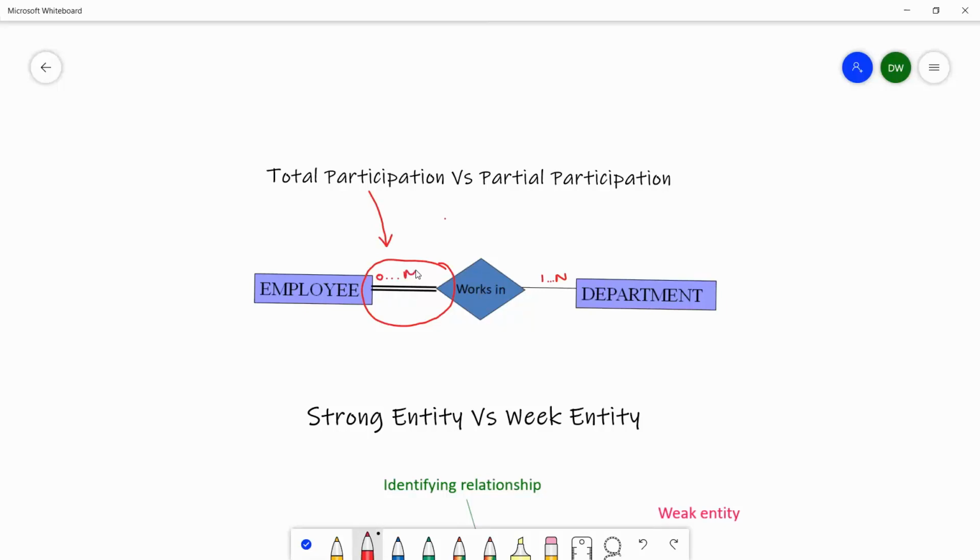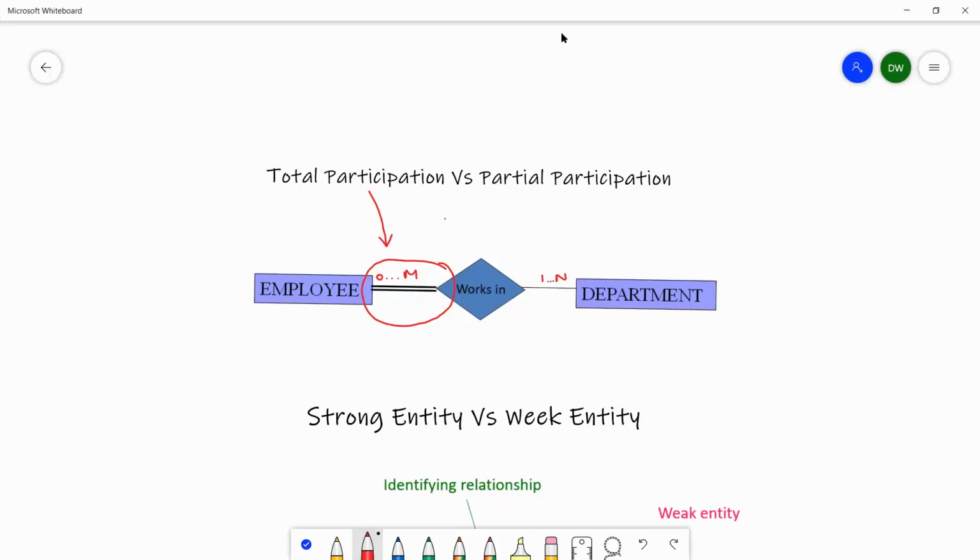I hope you understood. What I mean from this relationship is employee works in department. If we take one employee, they can work for one or more departments. And when we consider one department, for that department, there can be 0 or many employees. So here you see I have marked 0 as well as 1, right? So here on this side, at least one should be there.